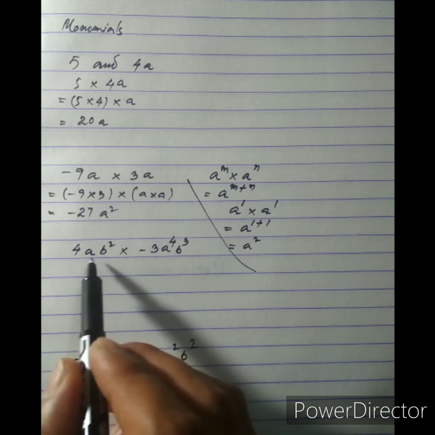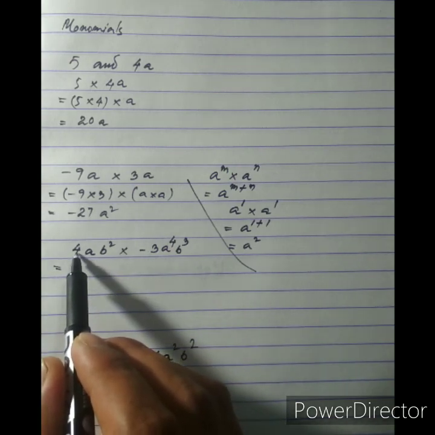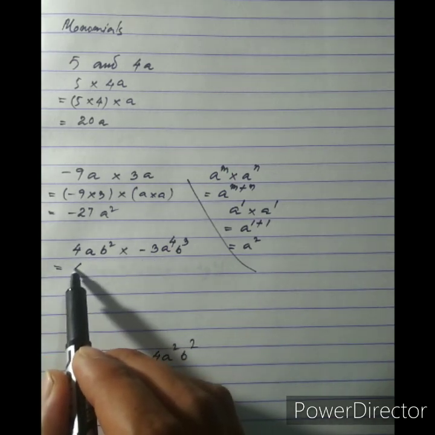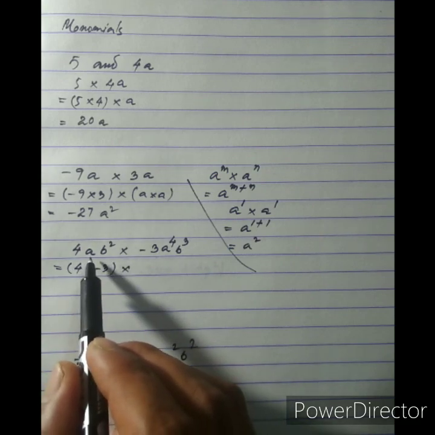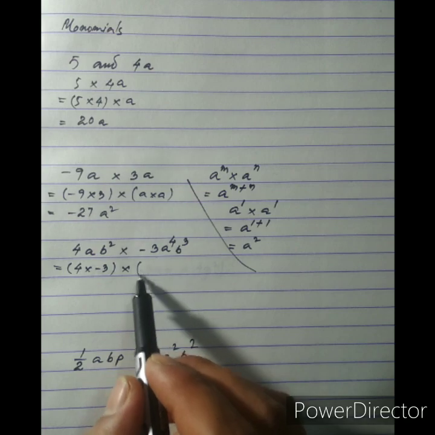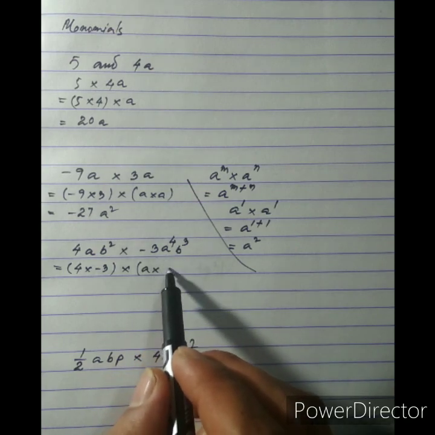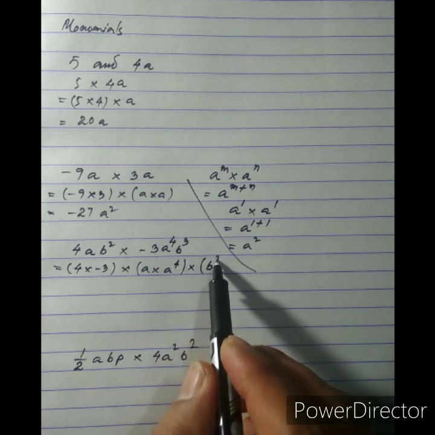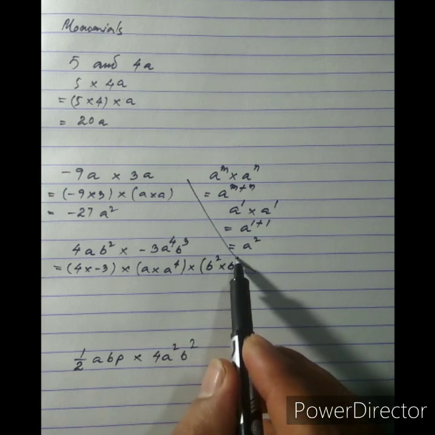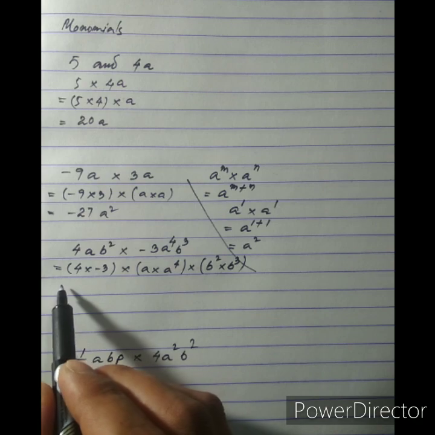The next example: 4 and minus 3. So 4 into minus 3. Next there is a into a to the power 4. Next will be b square into b cube.